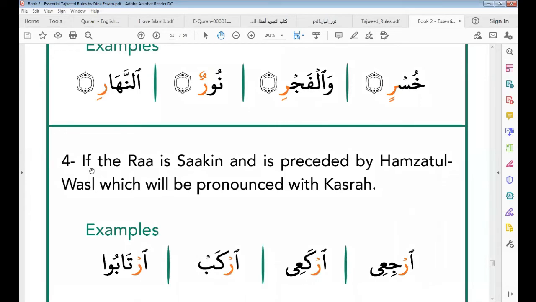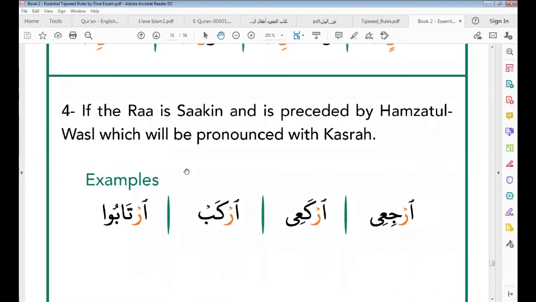The fourth one: if the ra is sakin and it's preceded by hamzatul wasl. So if we have a sakin ra coming after hamzatul wasl, which will be pronounced with kasra, it will always be heavy.